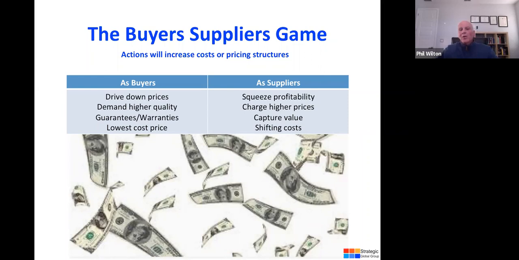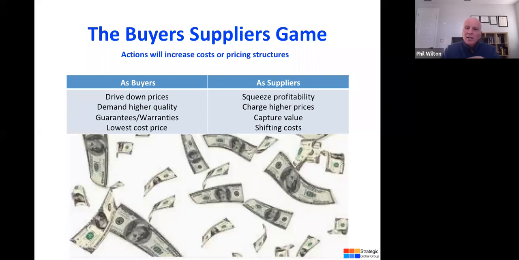Now when you've built your product and you're supplying it, you want to squeeze profitability. You want to get as much as possible. You want to charge higher prices. You want to capture as much value as possible. And maybe you have the opportunity to shift costs. Shifting costs may be that you could shift costs from the late stage production of your product to an earlier stage, and so you increase your margin.